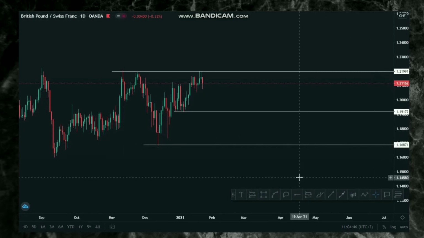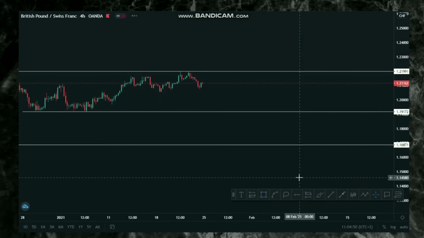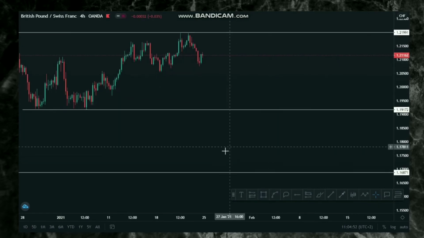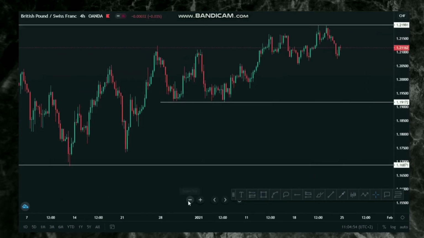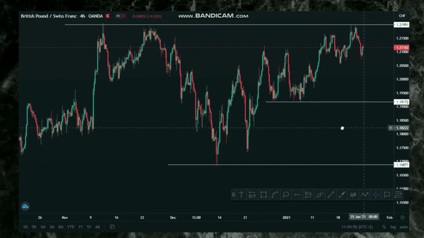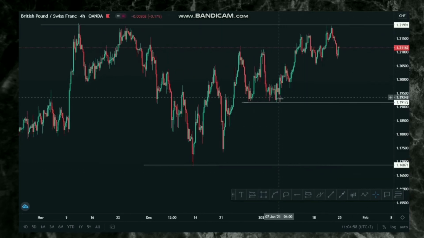We're gonna now dive into the 4 hour time frame. On the 4 hour time frame, we identify what structure is our main priority. So what's been happening, this level, as you can see, GBP/CHF has been respecting these levels. Let me draw them for you in the form of a trend.